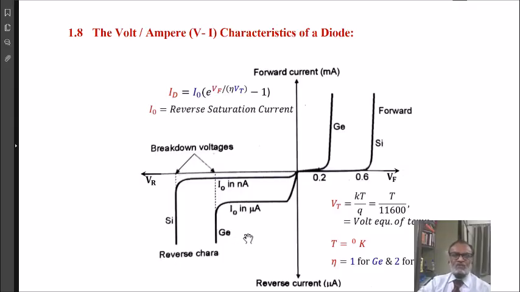Only special diodes like avalanche diode and Zener diode are suitably designed to operate and bear with this reverse power dissipation, and they are able to survive in the breakdown region also, and therefore they are specially developed to operate in the breakdown region.